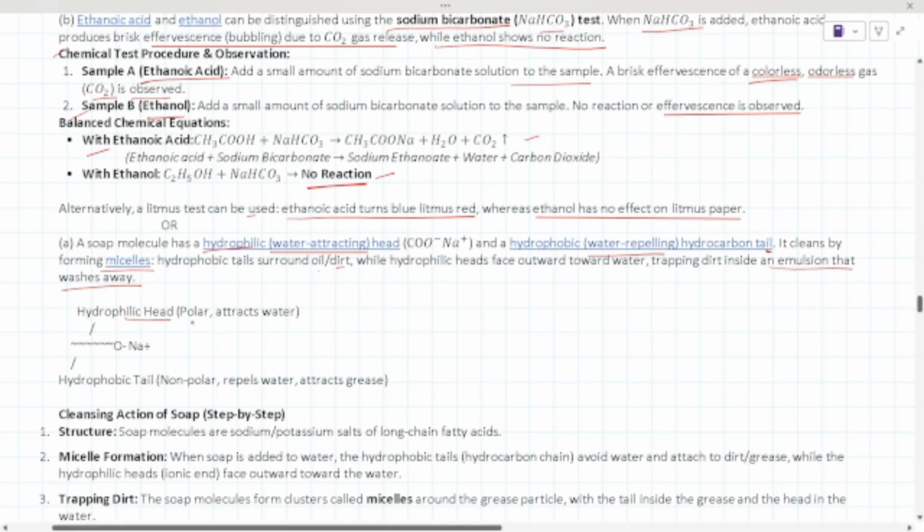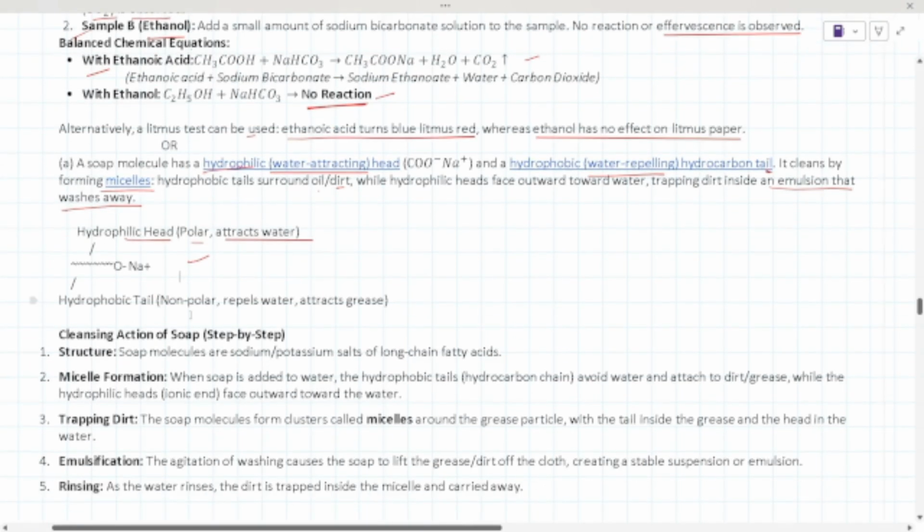Hydrophilic head means it is attracted to water. The hydrophobic tail repels water and attracts grease. So it is still attached with the patches of oil or grease, the head is attached with the water, and it comes out with the water along with the oil from the cloth.